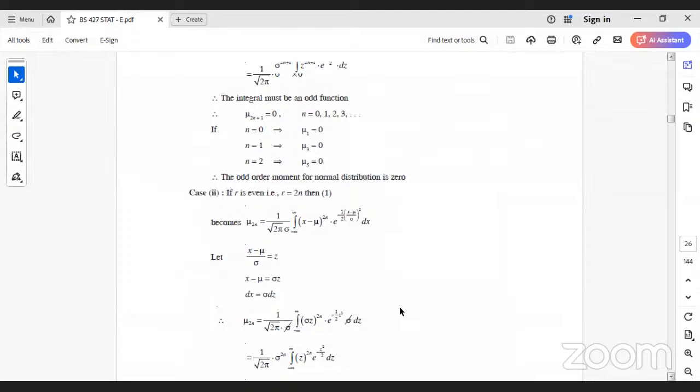So mu 2n is equal to 1 by root 2 pi sigma, integration from minus infinity to infinity of (sigma z) power 2n e power minus z square by 2 sigma dz. Sigma gets cancelled here, giving 1 by root 2 pi sigma power 2n, integration of z power 2n e power minus z square by 2.